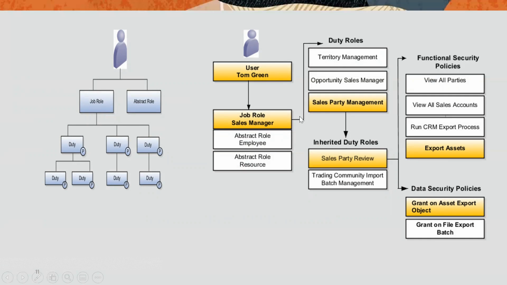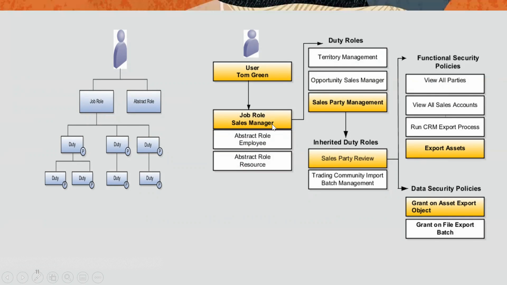So like this, the hierarchy will be expanded till functional policy and data security policy. So at the end, we are having the functional policy and data security policy. So we are grouping all that into an inherited role, one duty role, and that duty role we are assigning to one more duty role. That duty role we are assigning to a job role.